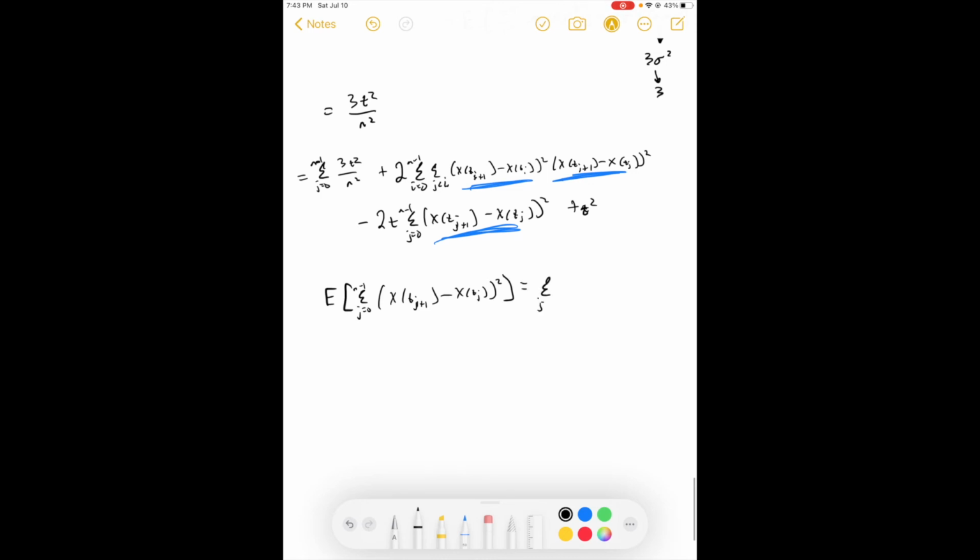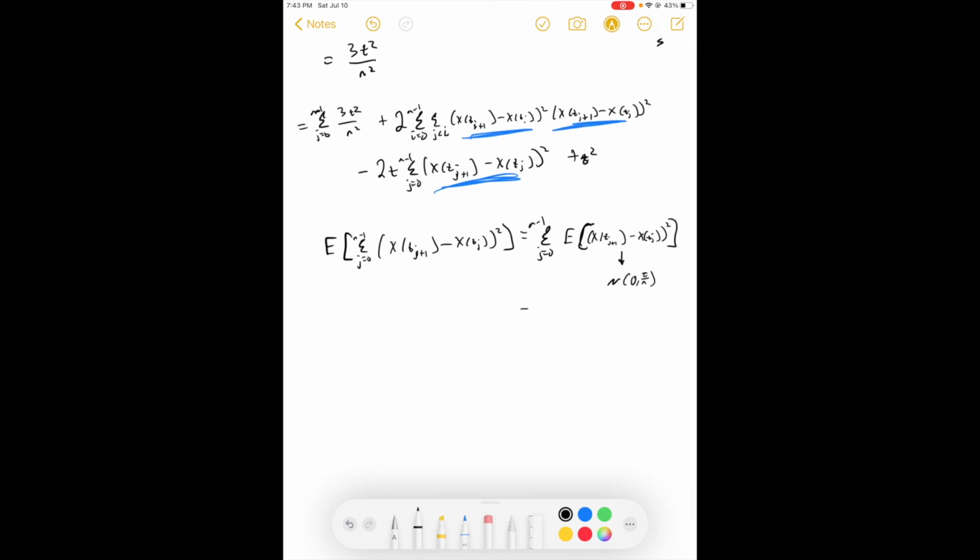Well, again, we can pull the sum outside. x of t sub j plus 1 minus x of t sub j squared. This, again, is normal, 0 and t over n. So we've got, I'm dropping the sum here, the expected value of a normal with 0 and t over n squared.